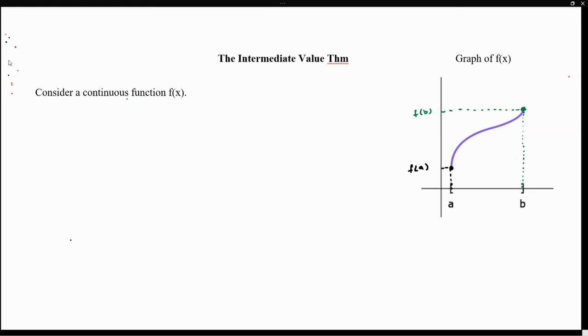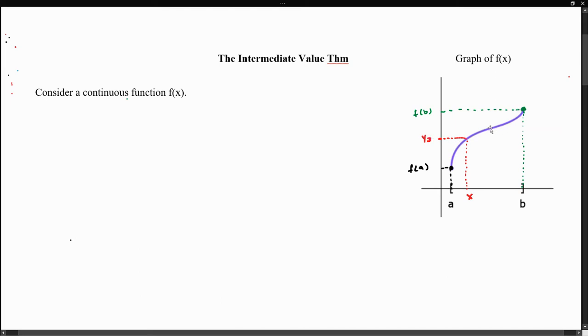Let me call that y3. What the theorem is saying is that if you choose any y value between f of a and f of b, I can assure you that I can find an x value between a and b that will give me that y value out.